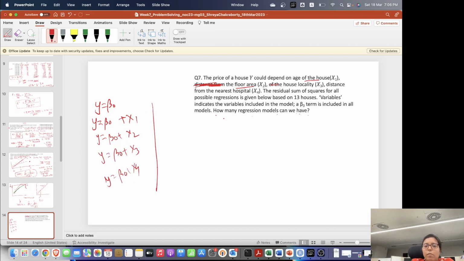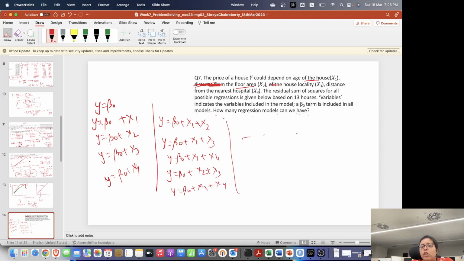If we take 2 combinations, then it could be beta naught plus x1 plus x2, beta naught plus x1 plus x3, beta naught plus x1 plus x4, beta naught plus x2 plus x3, beta naught plus x3 plus x4, and so on. We can take combinations and see. Since the numbers are small, it's not an issue calculating so many regression models. But if it were a large number, then it would have been a problem.